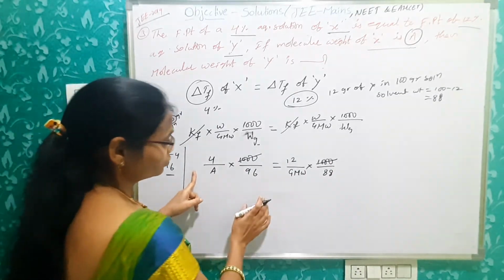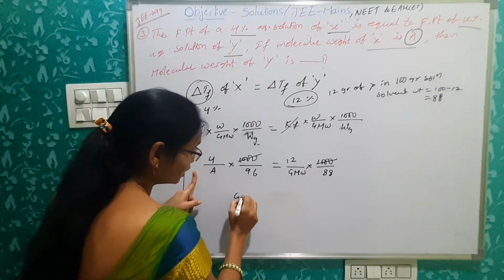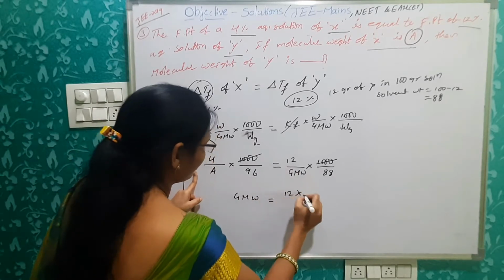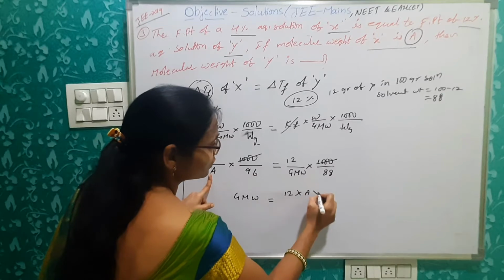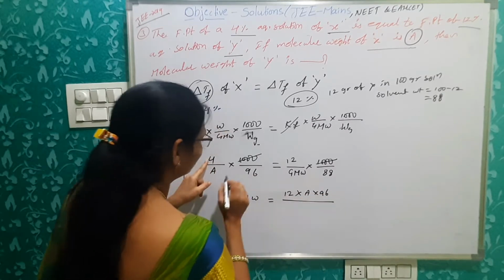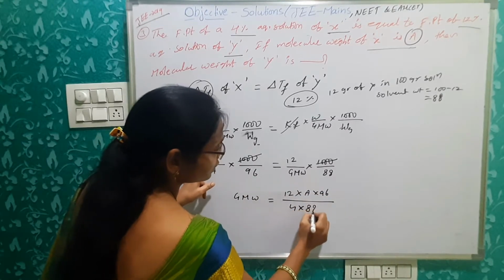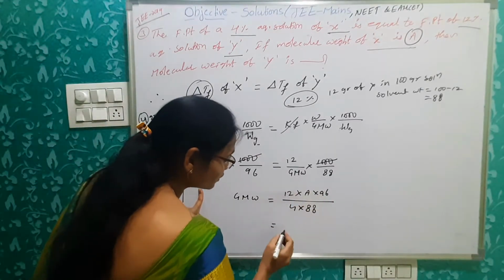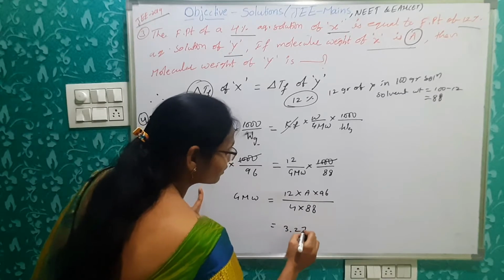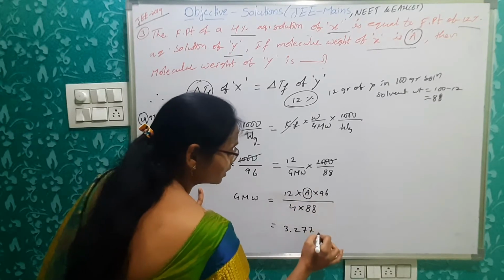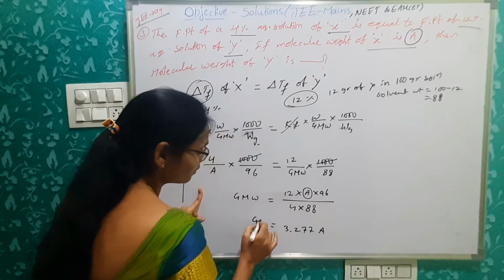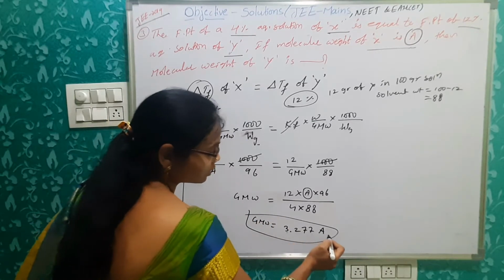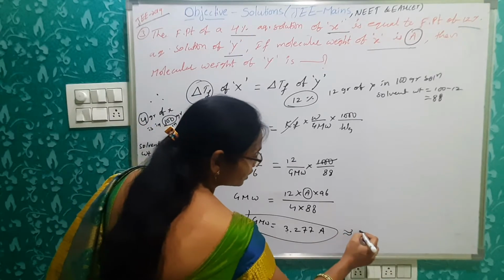Now, gram molecular weight of Y is equal to 12 into A into 96 by 4 into 88. Okay. So, by simplifying this we will get 3.277, and A is also there. So, gram molecular weight of Y is equal to 3.277 A, simply approximately 3A.